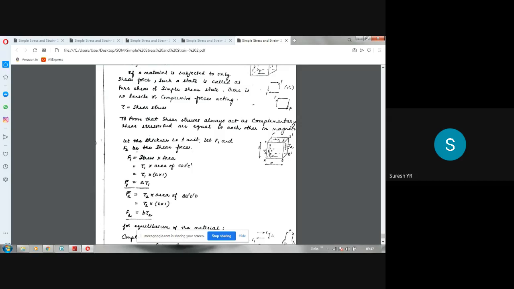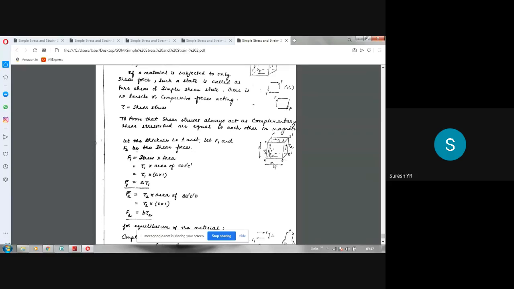Similarly, I will write the shear force acting on this edge. What is the shear force? That is given by, once again, stress multiplied by this area, which is B'D'D. So F2 will be equal to tau 2 into area B'D'D.